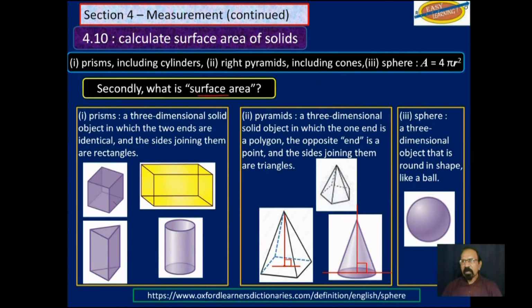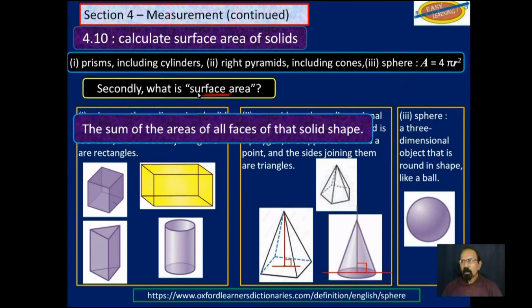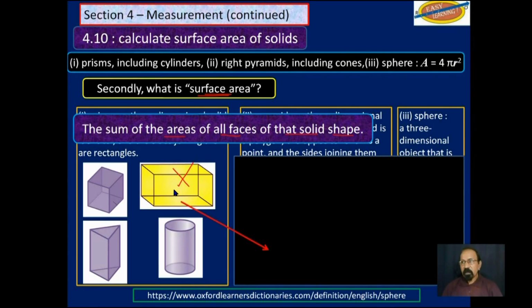Secondly, what do we mean by surface area? We mean the sum of the faces, of all the faces of that solid shape. So this one here, for example, has 6 faces in pairs, opposite pairs. We would have to find the total area of that, and so on. So let's consider that same one.